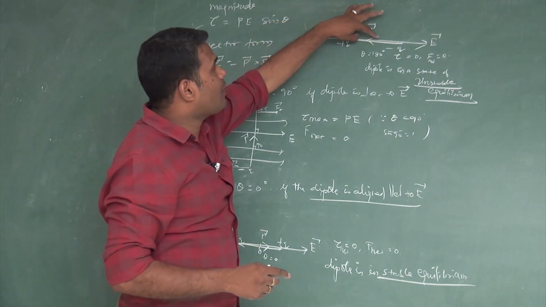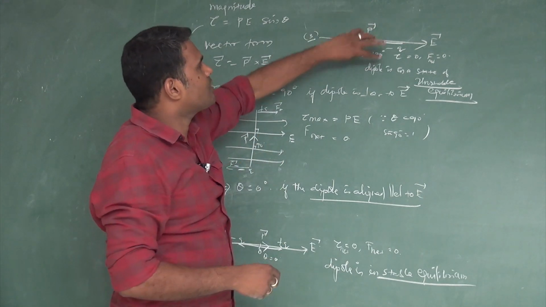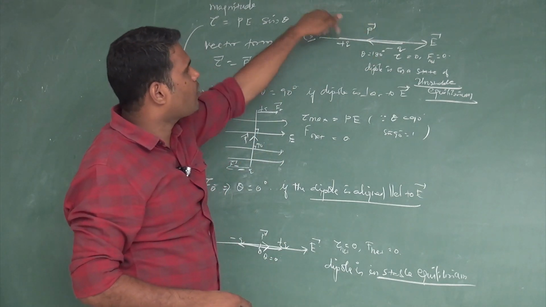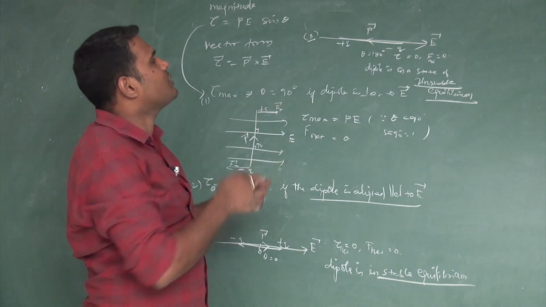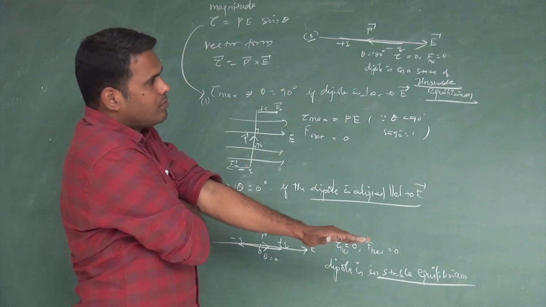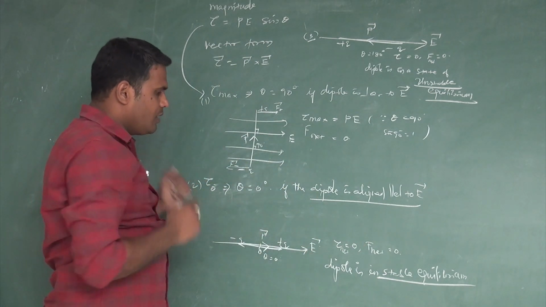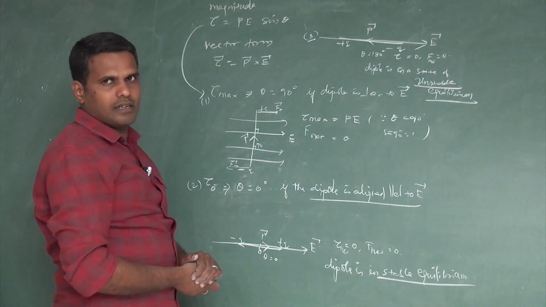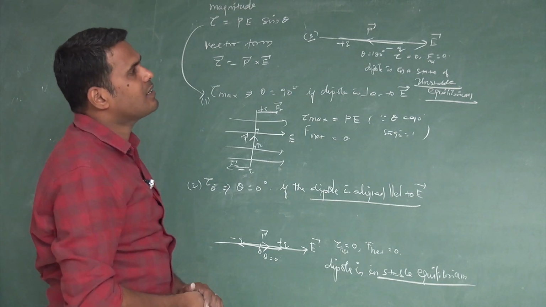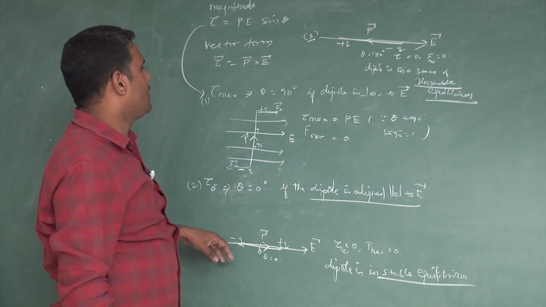Actually this state will not be attained by the torque acting on the dipole. Actually some external agency must make the dipole align in a direction opposite to the electric field. If you release it, then what will happen? The dipole will once again come along the direction of the electric field. It will return back to the direction of the electric field. So this is the action of torque on the dipole when placed in a uniform electric field.